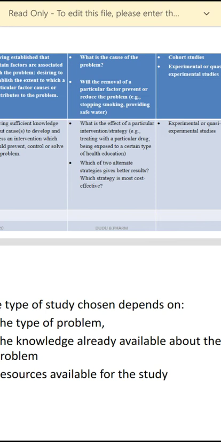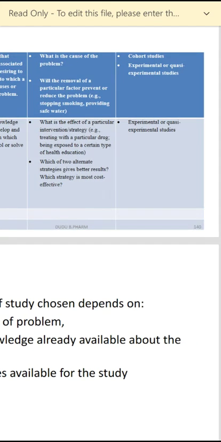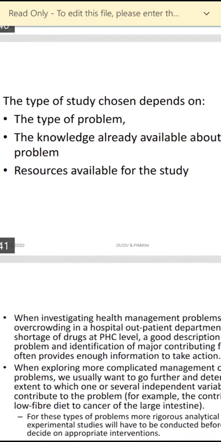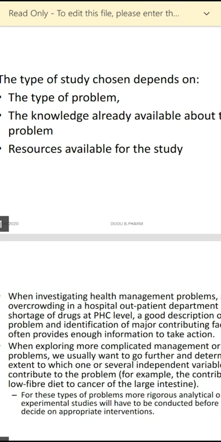Which strategy is most cost effective? Experimental or quasi-experimental studies. The type of study chosen depends on the type of the problem, the knowledge already available about the problem, and resources available for the study.